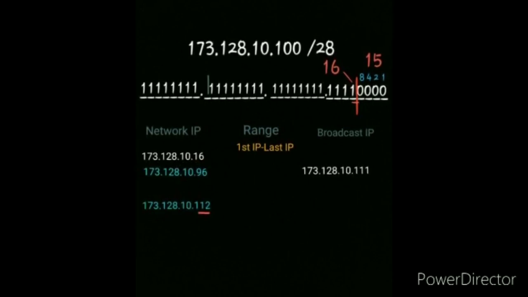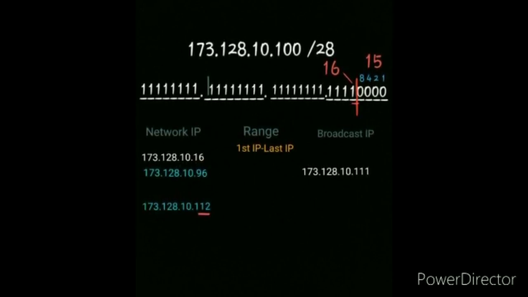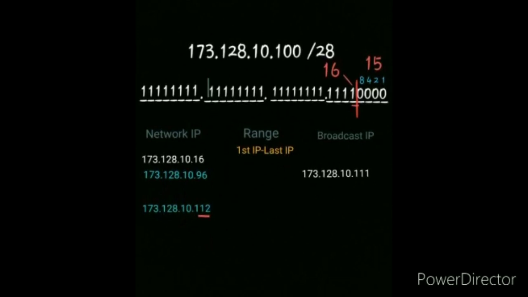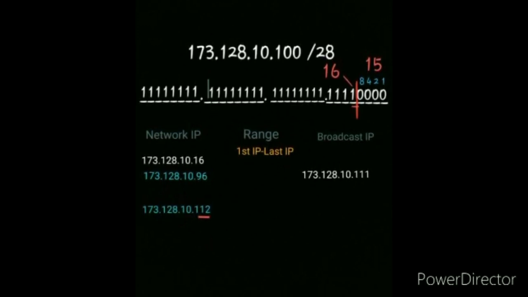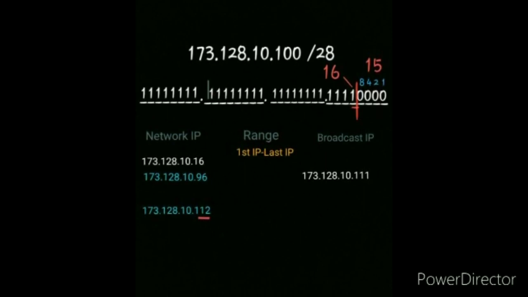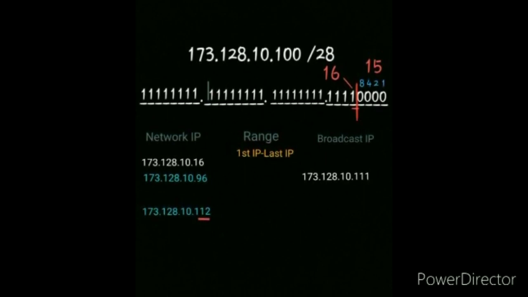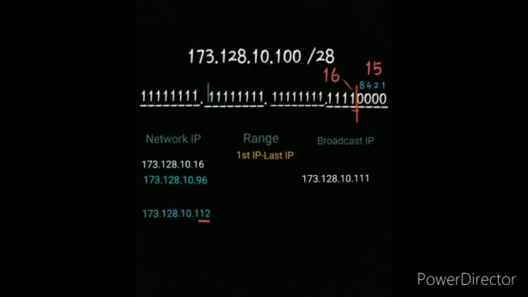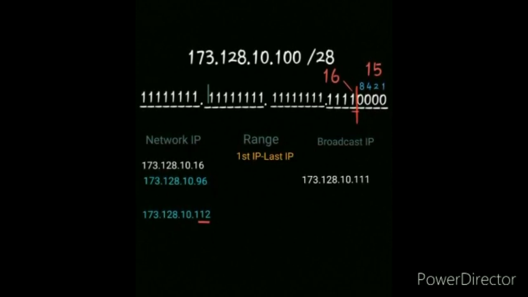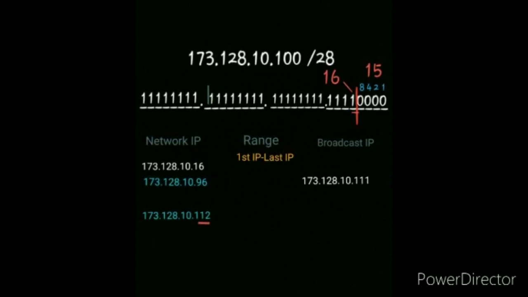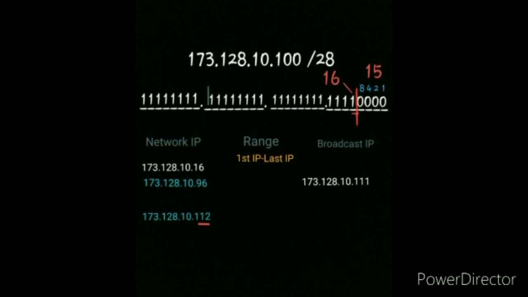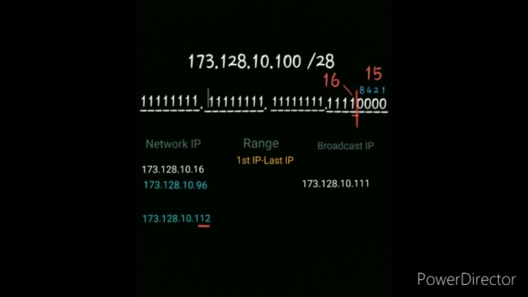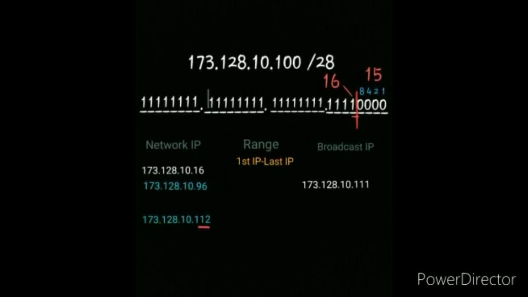So we have 173.128.10.96, and we need to get 173.128.10.112 to be able to get the broadcast IP. So for you to be able to get that, you should less 1 in the bit of 112.